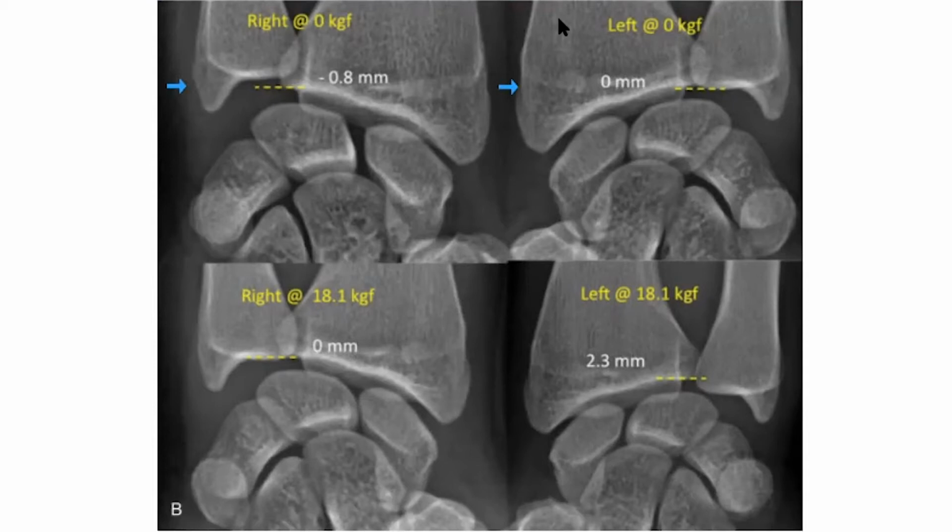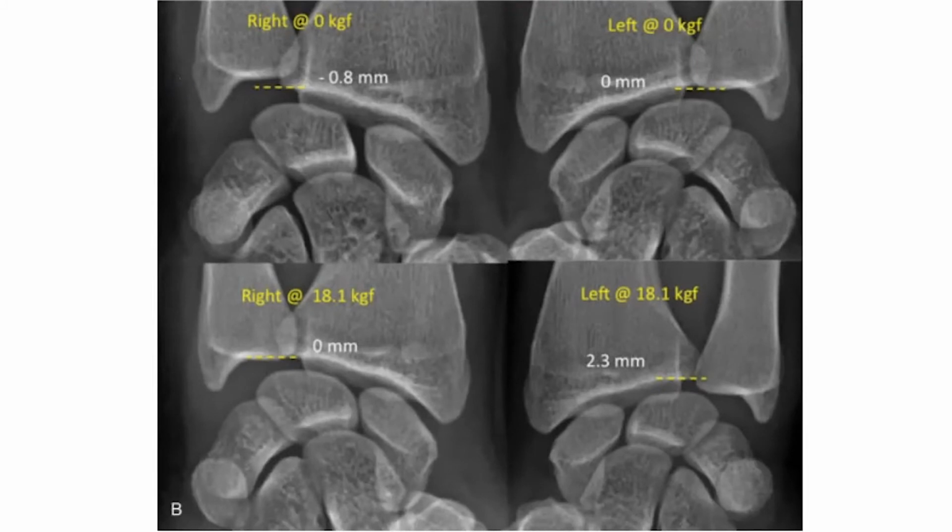Just with a quick punch, this is no load. Something significant going on at rest, to the tune of 1 millimeter. We don't really know what the position of the elbow is at this point. We don't know if there's any pain at this point.